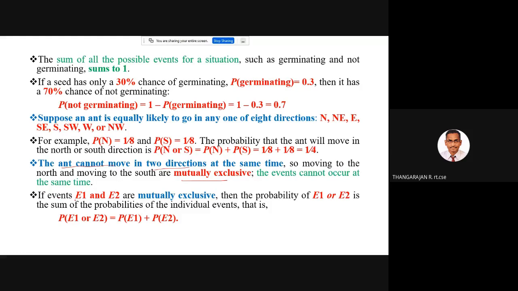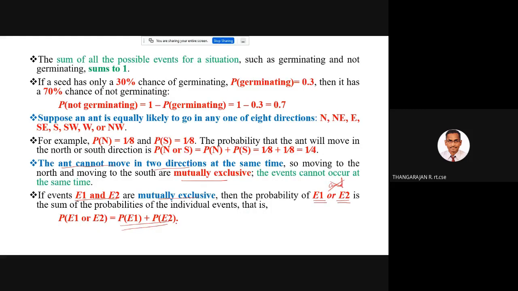And we say that if two events E1 and E2 are mutually exclusive, then for the probability of E1 or E2, because they cannot occur simultaneously, we cannot say and. Either E1 will occur or E2 will occur. In that case, the probability of E1 or E2 is just the addition of the two probabilities.